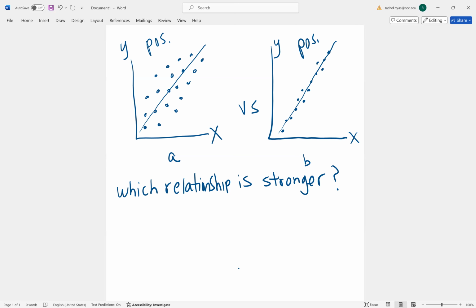Whereas in graph A, the points still are increasing, right? As X increases, Y increases, but the points are more spread out. So they're more loosely around that straight line that we imagine fitting through that data set, right? So the closer the points are to that straight line, the stronger the relationship.